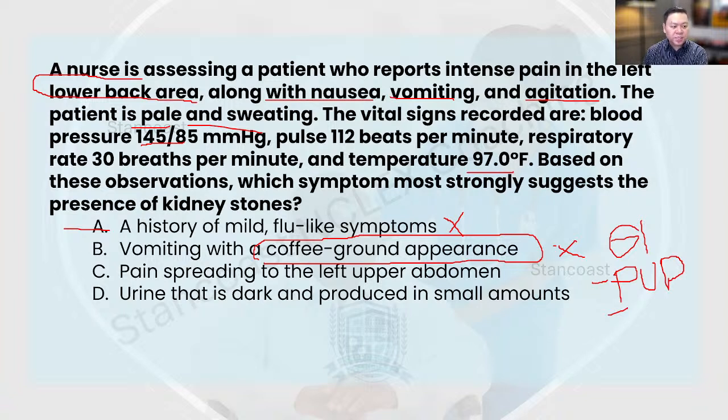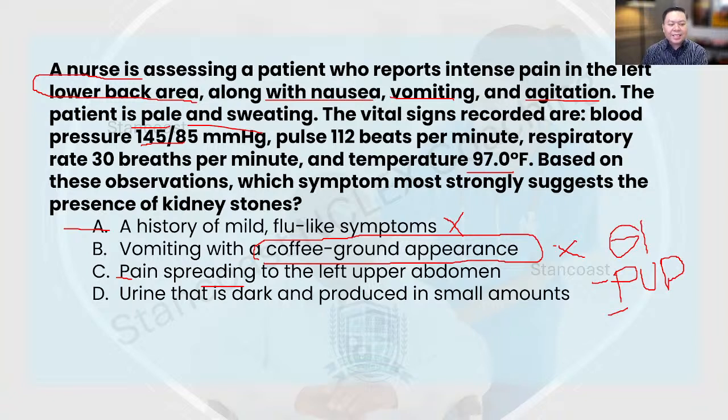Let's talk about letter C, pain spreading to the left upper abdomen. So what did I say about the radiation of the pain earlier? Well, with this pattern, the pain is spreading to the left upper abdomen. Left upper abdomen kind of points out to the spleen area or could be the pancreas.